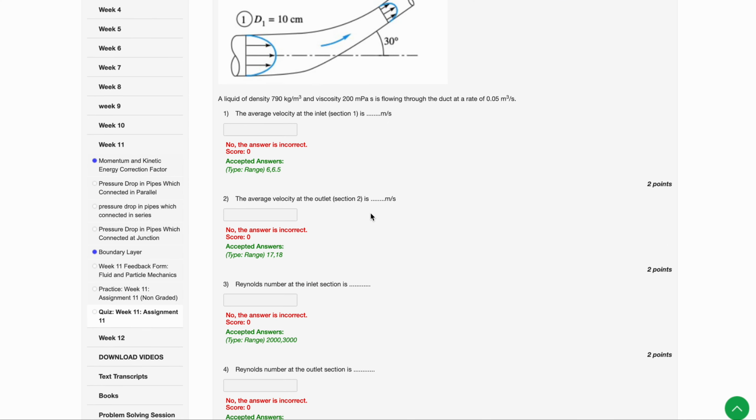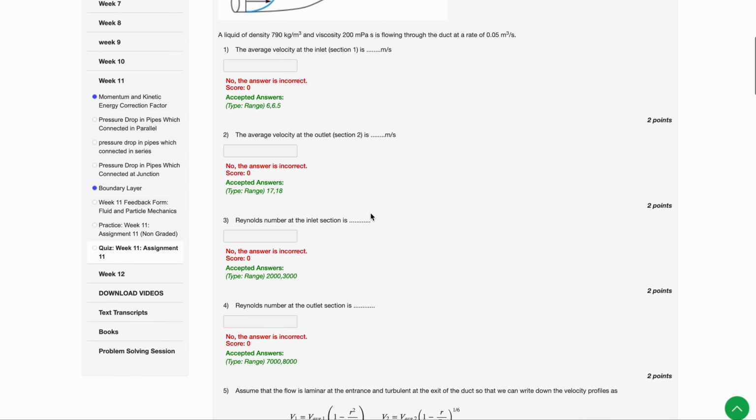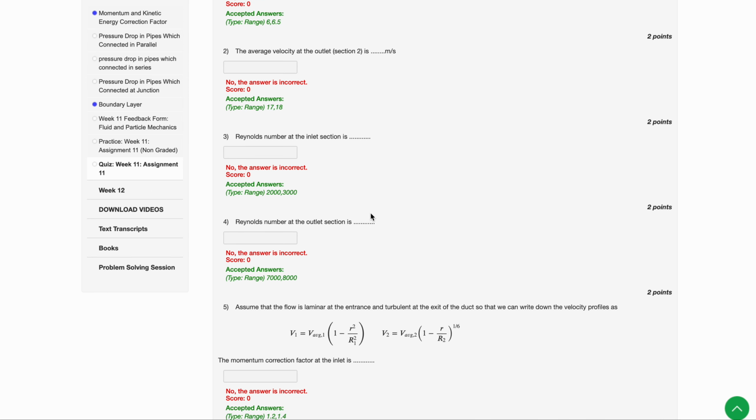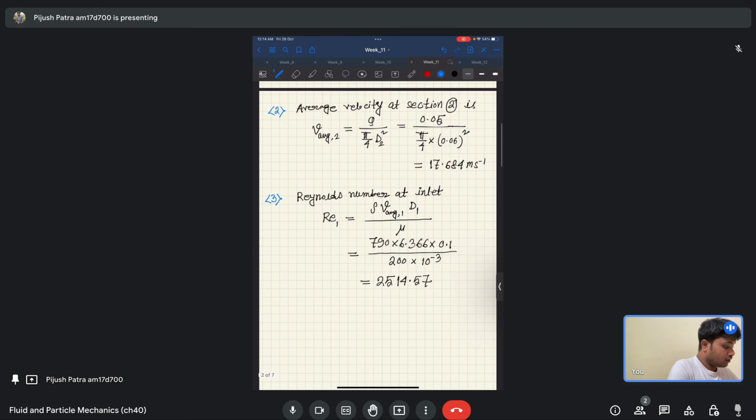The average velocity at section 2 I know. So now I will go back to the Reynolds number at section 2. That is question number 4. Question number 4 is the Reynolds number at section 2.